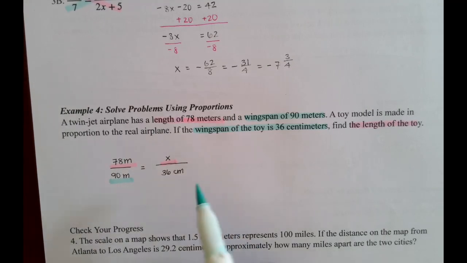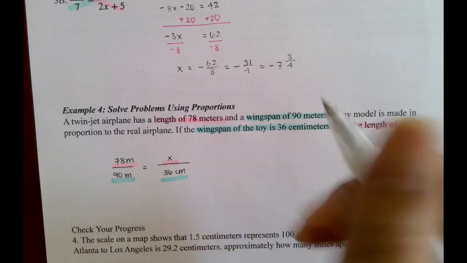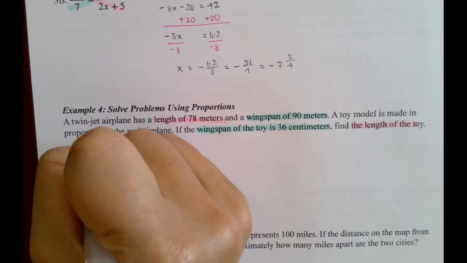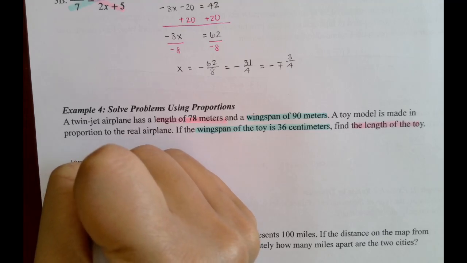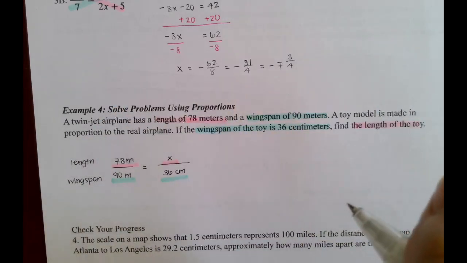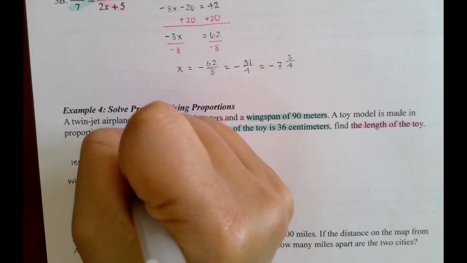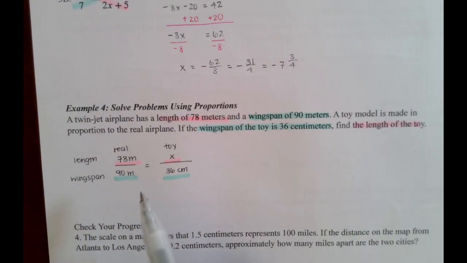Okay, so note that I did it as this is the length, this is the wingspan. This here is the real thing, and this is the toy. Okay. So now we're going to cross multiply.